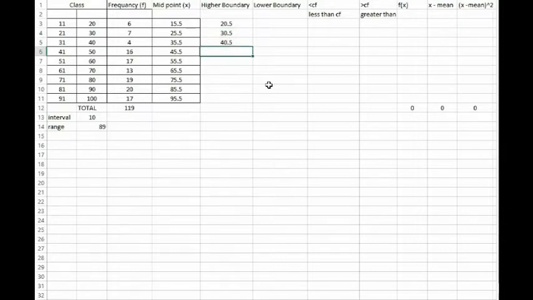Pero kung sakaling magkaroon ng decimal, ang gagawin natin is yung process na you add the higher class plus the lower class of the next divided by 2.